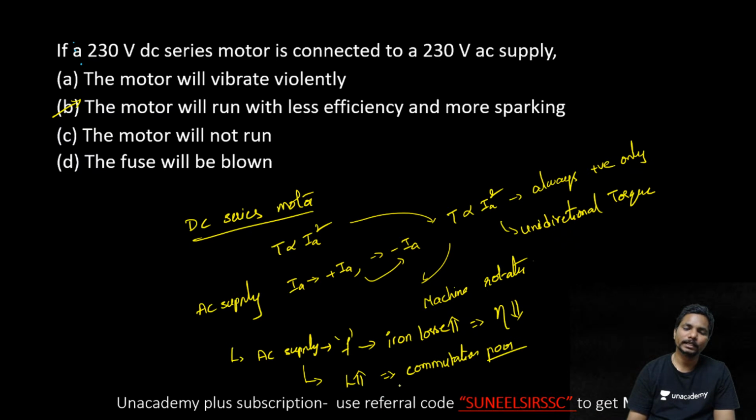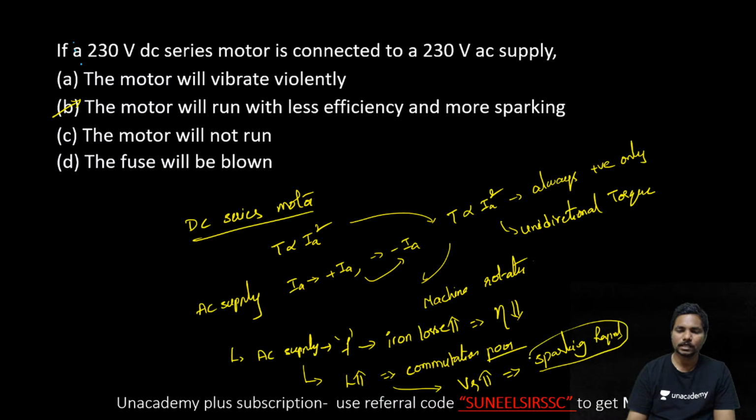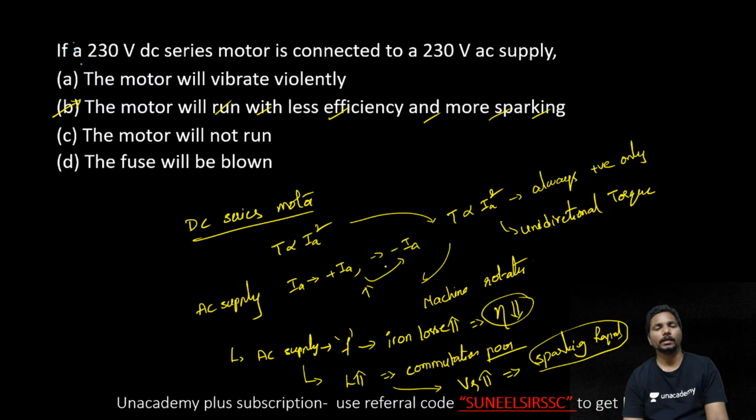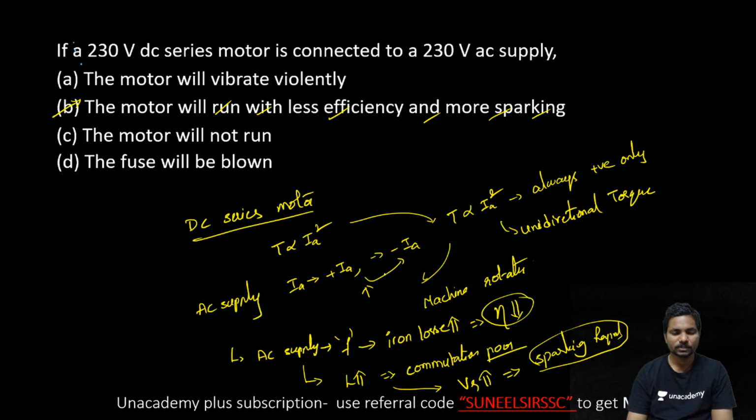Due to this inductance, reactance voltage increases, and due to that we are getting sparking at the brushes. So we are getting excess sparking and less efficiency, but the machine will run. So the motor will run with less efficiency and more sparking.